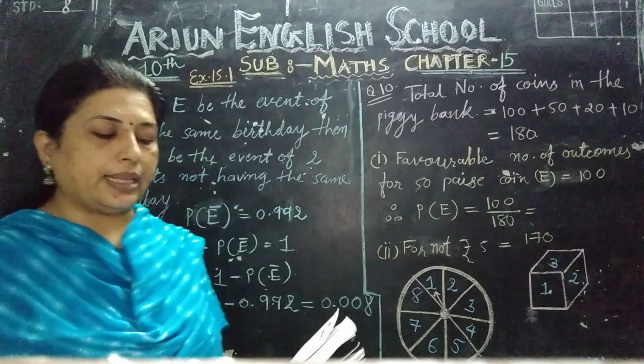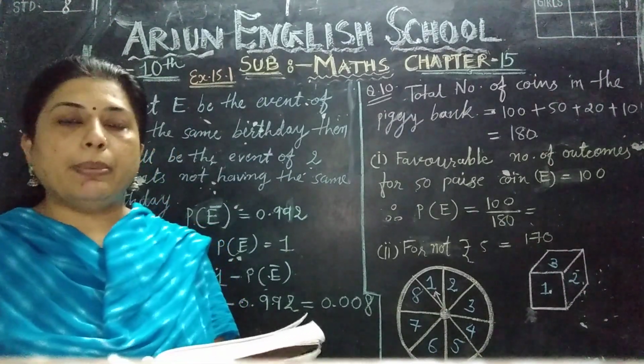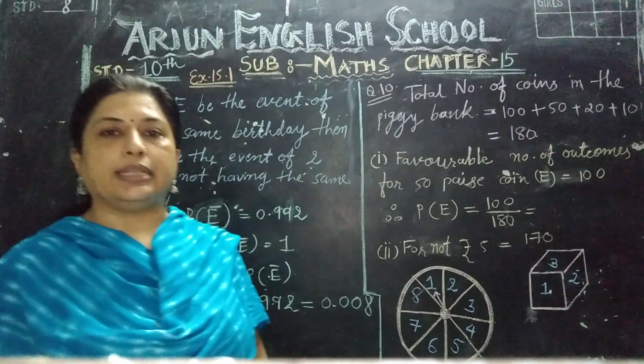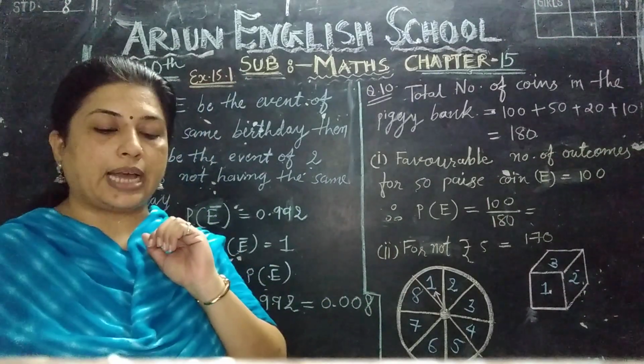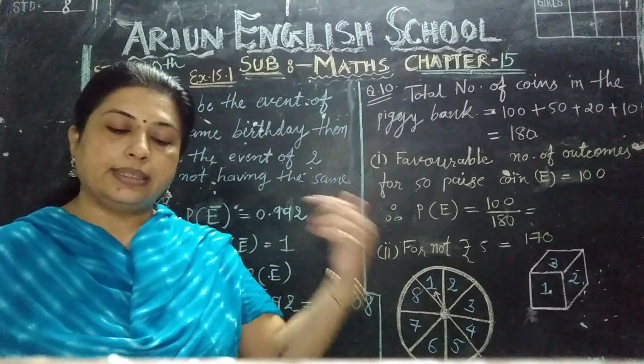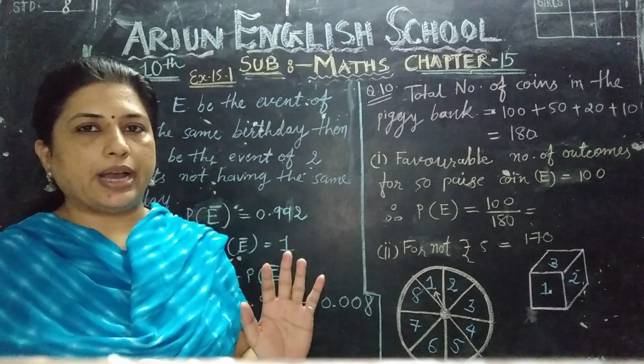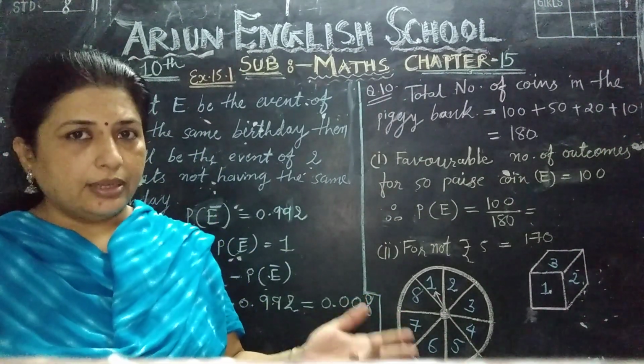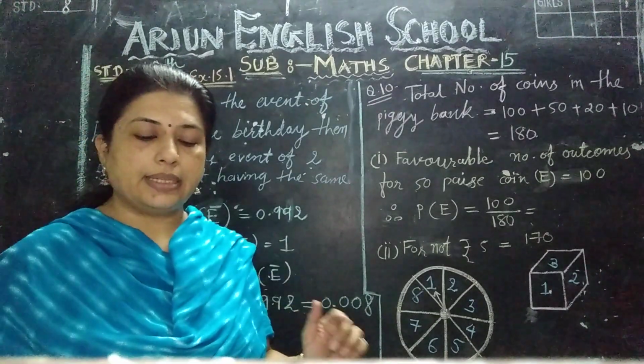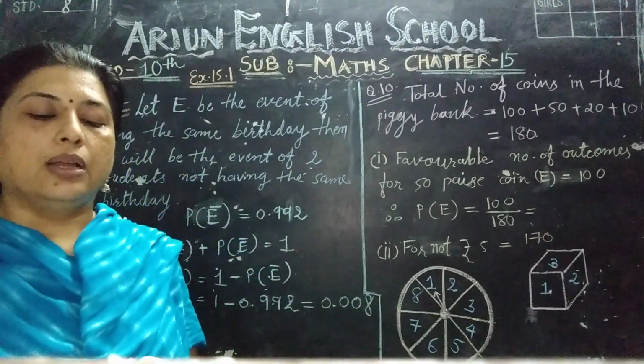Now here you can say that for red the probability is 5 by 17, as 5 red balls are there and the total outcomes are 17. Second is white. For white, 8 white balls are there. So 8 divided by 17 is its probability.